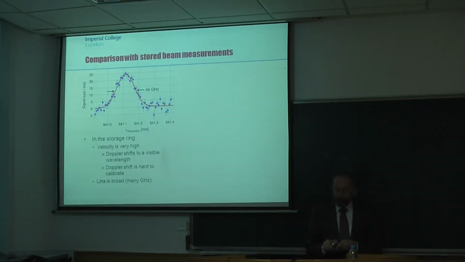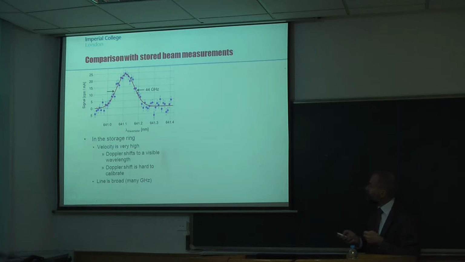And I want us to talk about the comparison between doing the sorts of measurements that we're talking about on fast ions in a beam, and doing it in a trap. So this experiment is actually with the bismuth, and it's a spectrum taken in the storage ring. What's happened here is that because the ions are going fast in the storage ring, the Doppler effect can be used to bring the transition into the visible region.